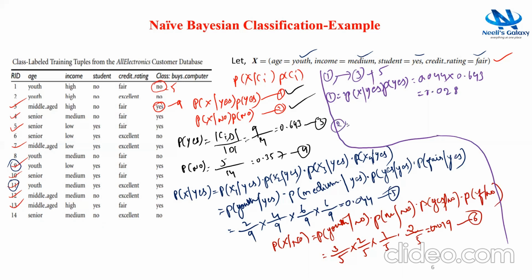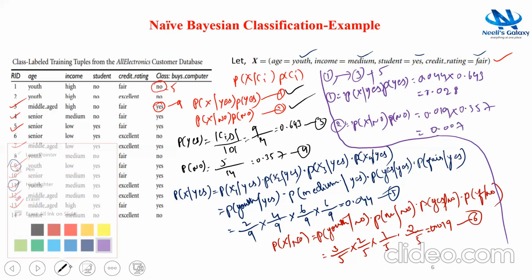Similarly, what is meant by 2? P of x by no into P of no, from the equations 4 and 6. P of x by no is 0.019 into P of no, which is 0.357, which is equal to 0.007.